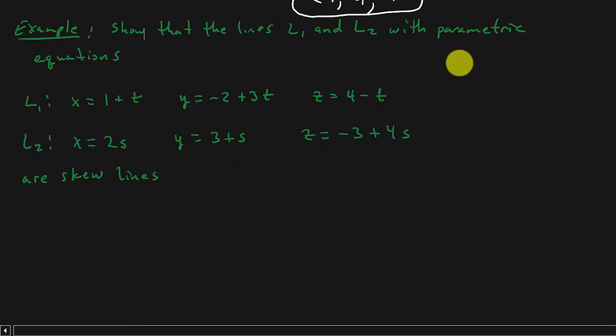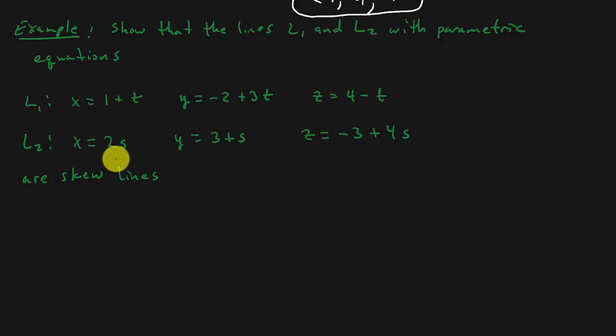All right, so let's look at our next example. Show that the lines L1 and L2 with parametric equations, here are the parametric equations of our lines. Notice up here they're using T, and here they're using S, just to distinguish the two lines.